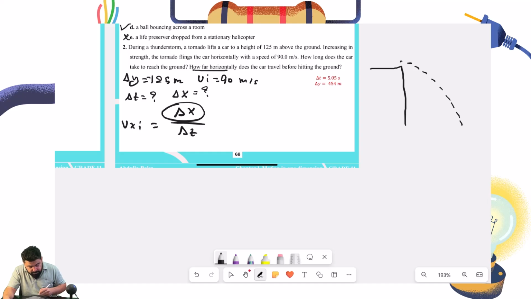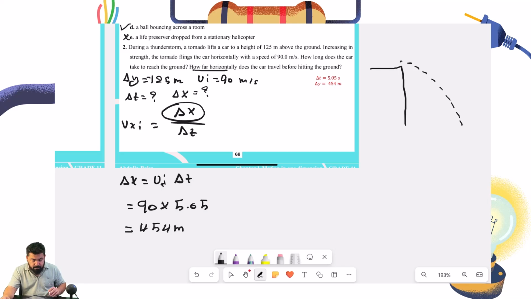I need to find this delta x. So delta x is equal to Vx initial delta t. V initial is equal to 90. Delta t was equal to 5.05. I found that. If you calculate that, you're going to get 454 meters. Okay, let's make sure. So 90 multiplied by 5.05.